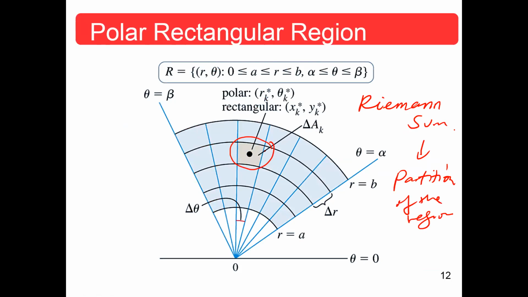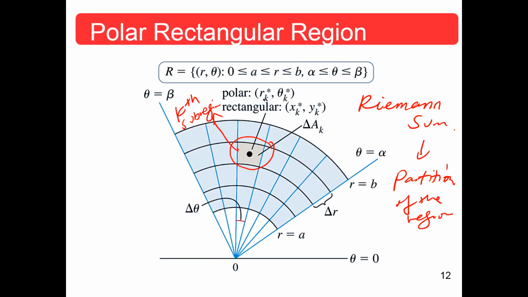Now suppose this is the kth subregion. In this kth subregion, I can choose a representative point, which is this point.